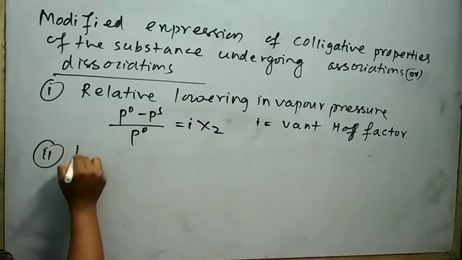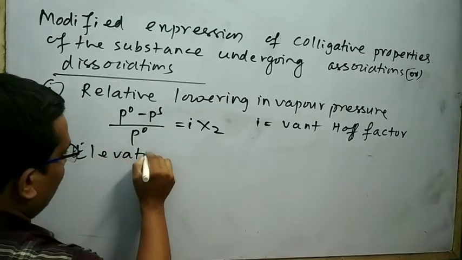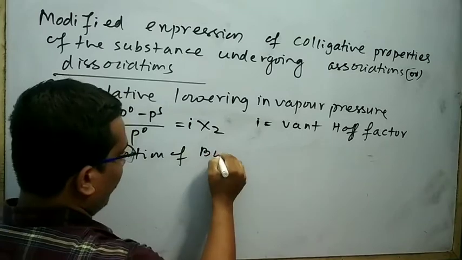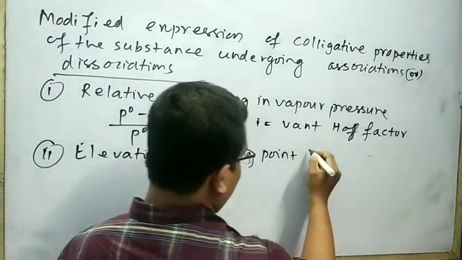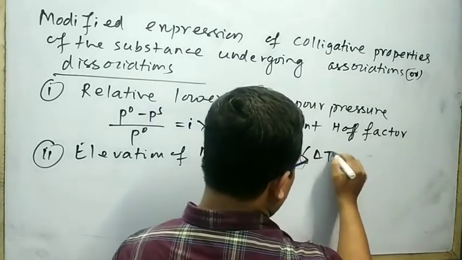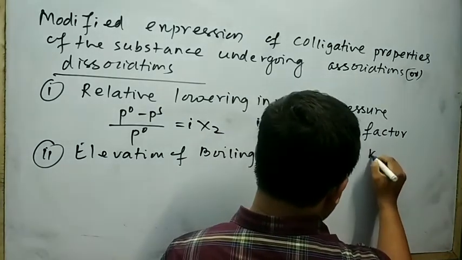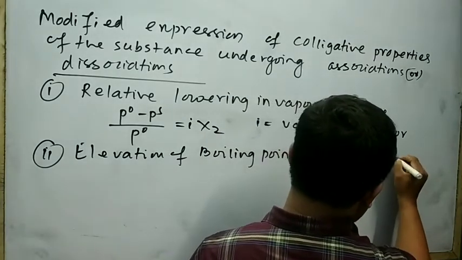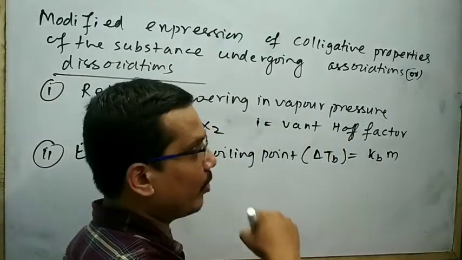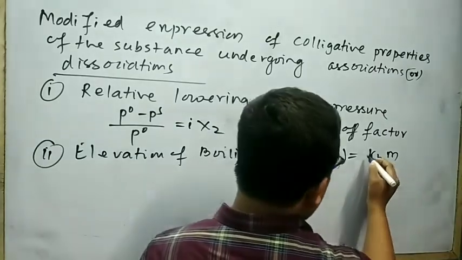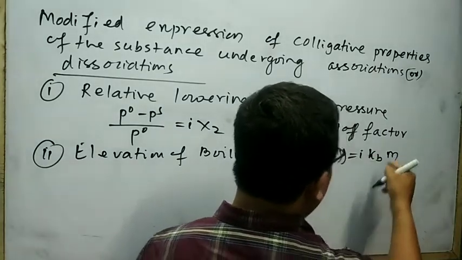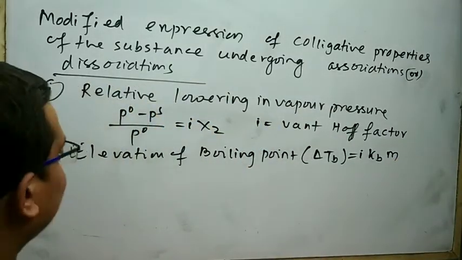Similarly, elevation of boiling point is given by del Tb equal to Kb into molality, but the modified expression is del Tb equal to i Kb into molality.